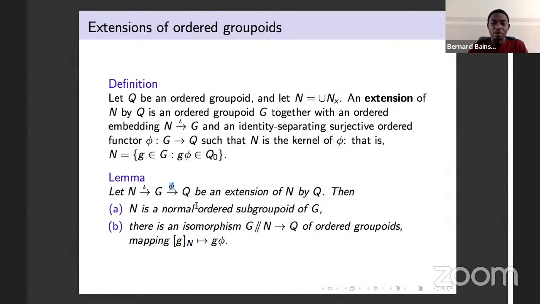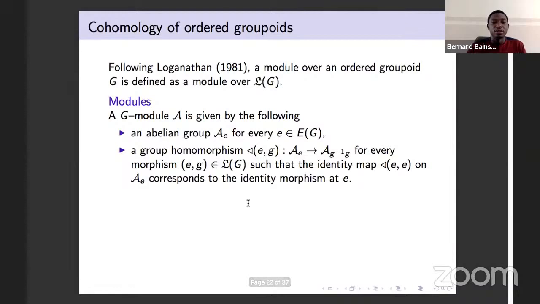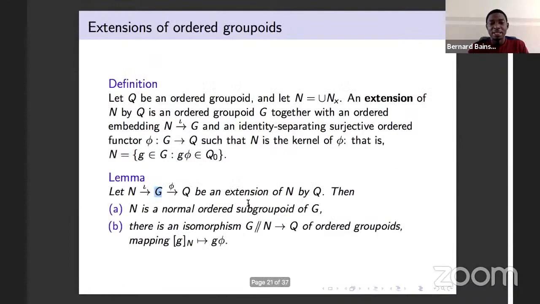N is a normal ordered subgroupoid of G, as we note, and then there is an isomorphism from the quotient of G by N into Q. So this is what we mean by an extension.